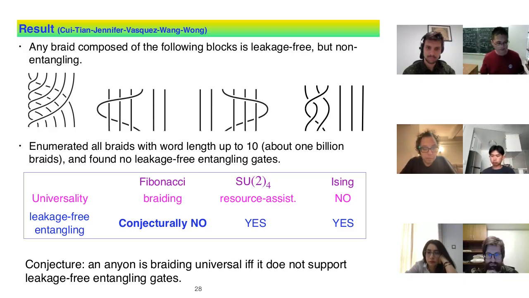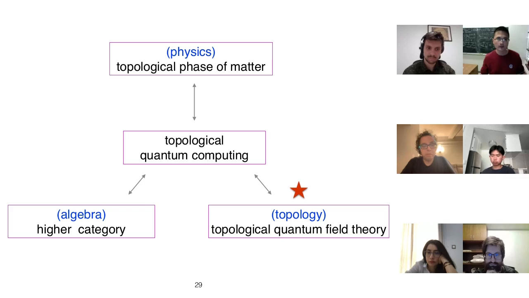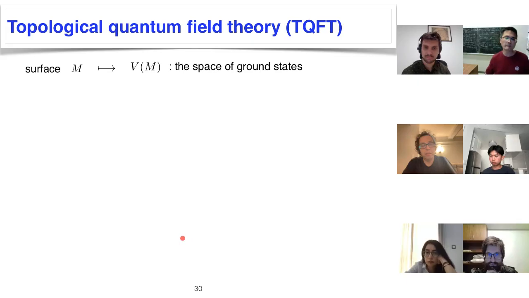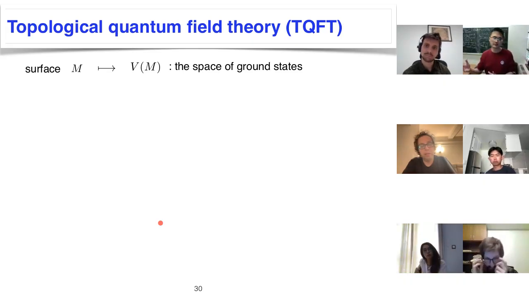Okay, all right, and now I'm going to move very quickly through the last part to talk about the topological aspect of TQC. We talk about these anyon systems or lattice models, but these systems don't have to live in the plane.